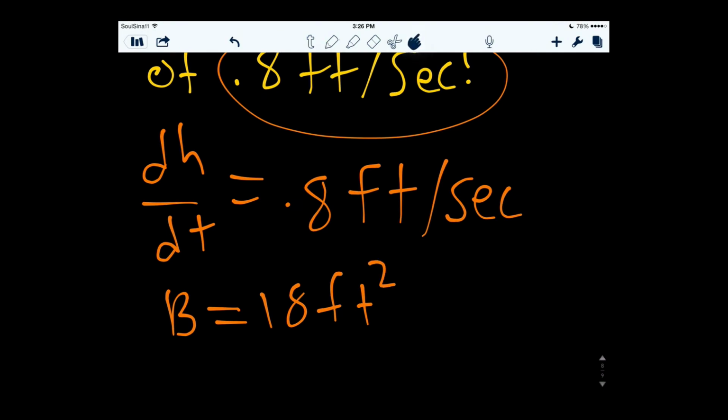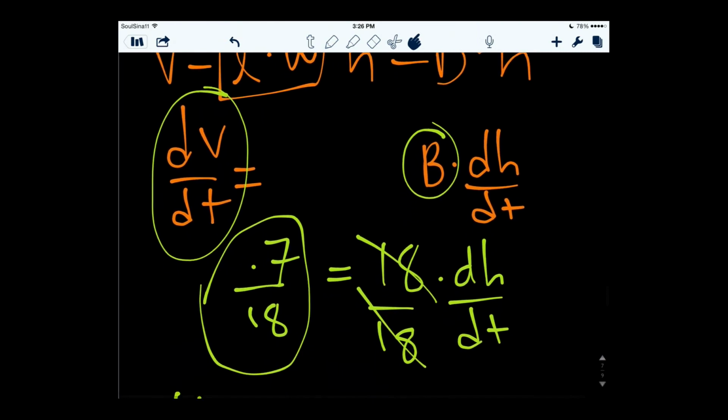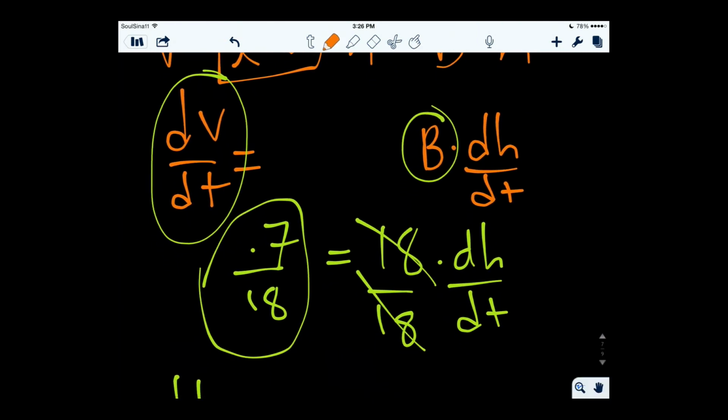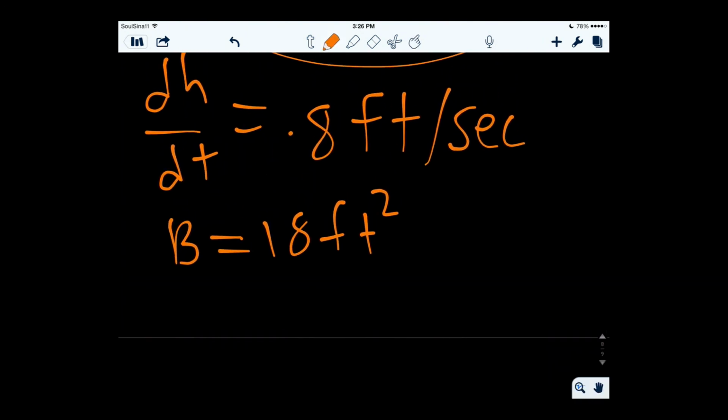Looking back at the first part of the problem, we understand that dV/dt equals base times dH/dt. We can use that same exact equation here because we're still on the same problem and nothing's really changed. We're just given the opposite.